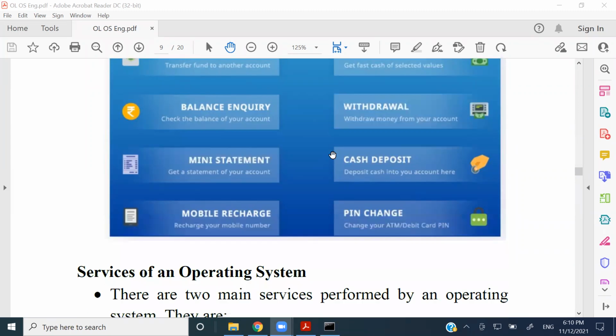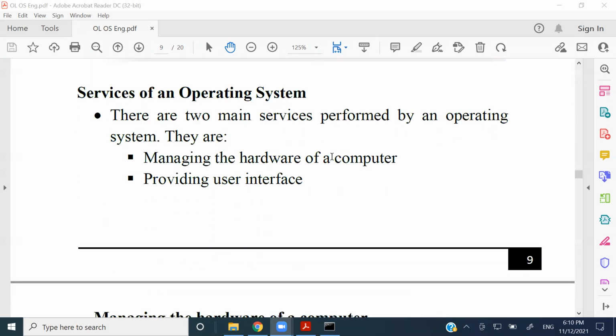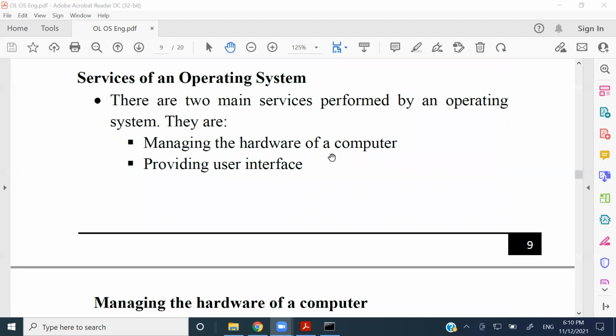Right. So after that, we are going to talk about the services of an operating system. Now, an operating system has many different services, right? These services majorly divide into two parts.